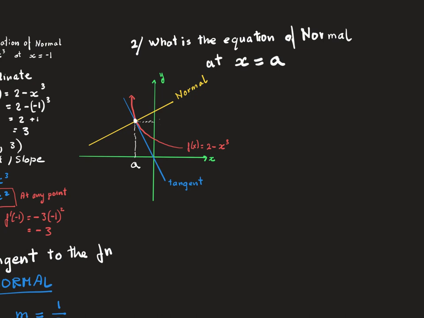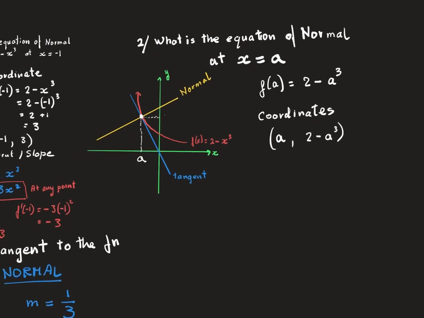Well, the function at a is going to be 2 minus a cubed. So our coordinates will now be a and 2 minus a cubed.